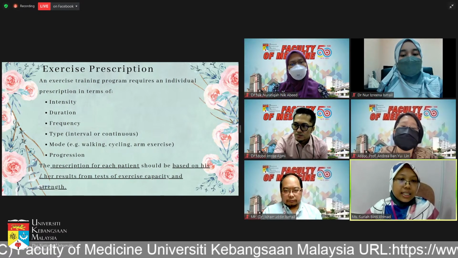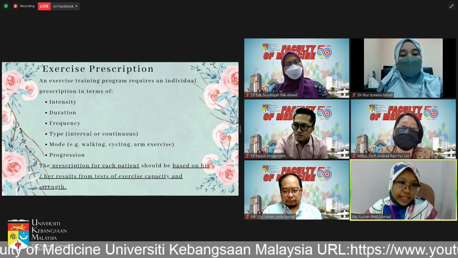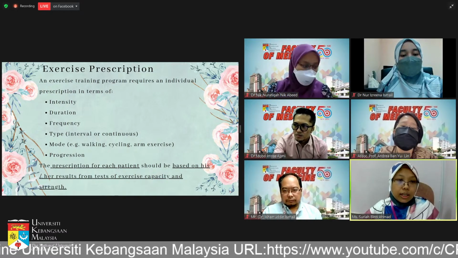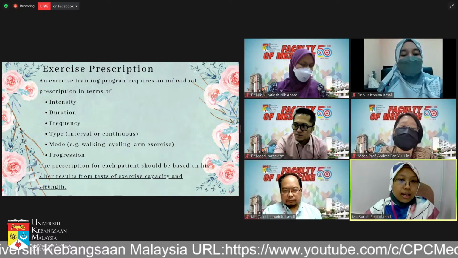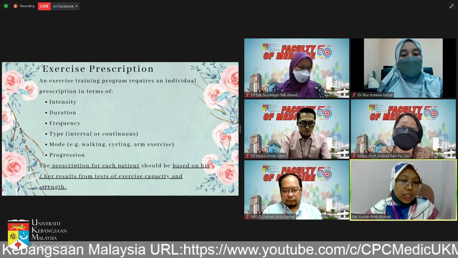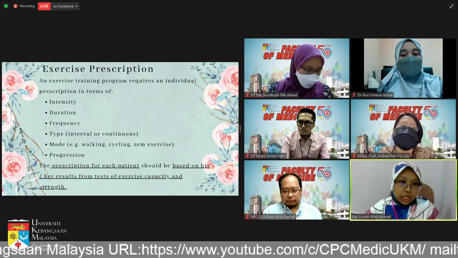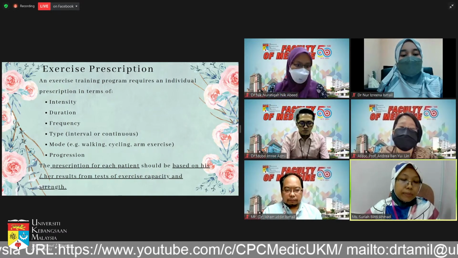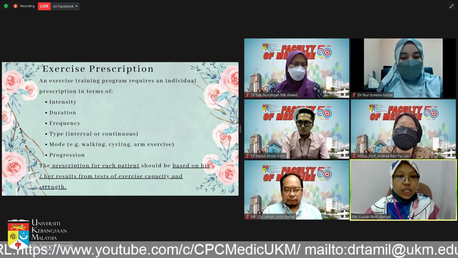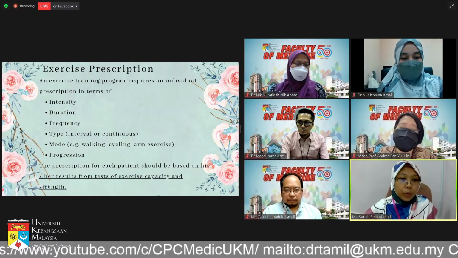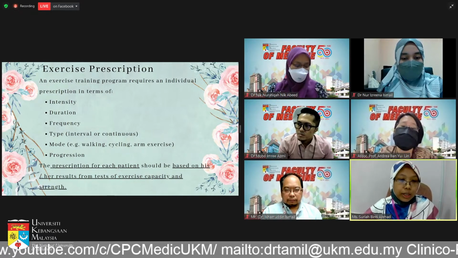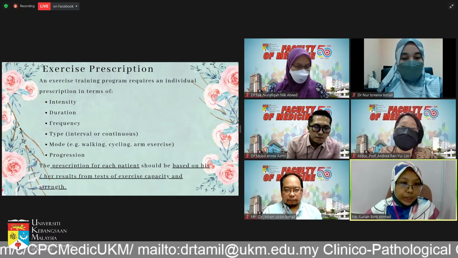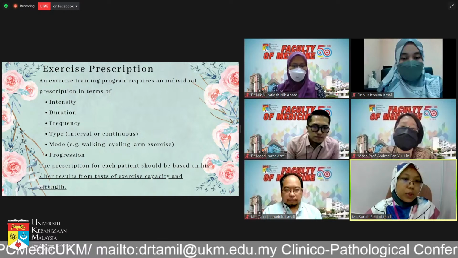The intensity is normally moderate for pulmonary rehab patients. Duration may be 10 minutes, 15 minutes, 20 minutes, or 30 minutes, depending on patient performance and condition. Frequency means how often a patient needs to do exercise per day and per week.